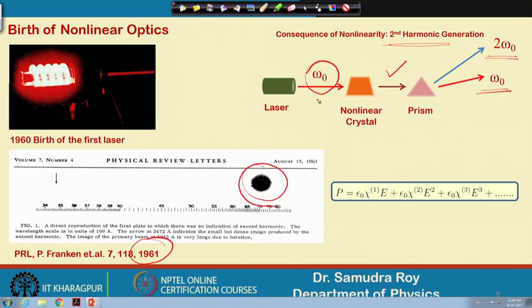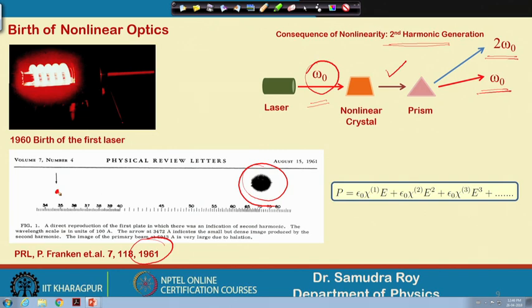is the frequency omega 0, or the launching frequency, which should be very high. And in this particular figure, they are supposed to have a tiny dot here, which is basically the signature of the second harmonic. That means the electric field that is generated at double the frequency.